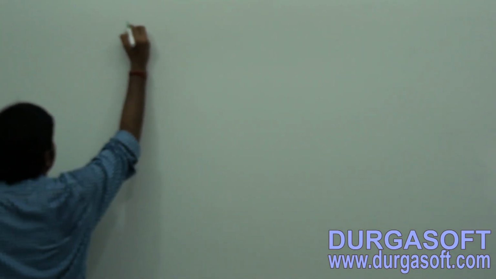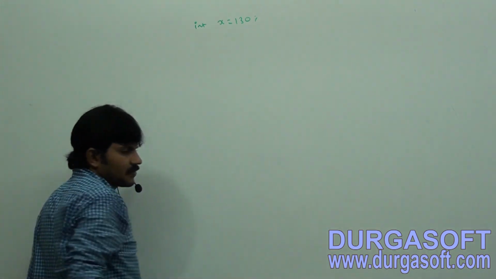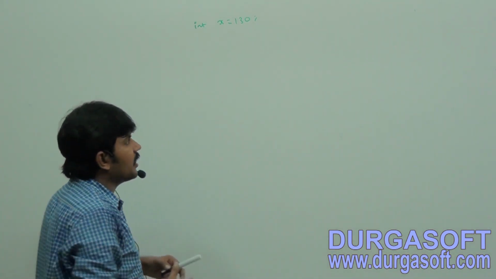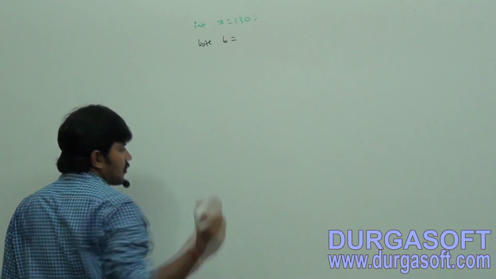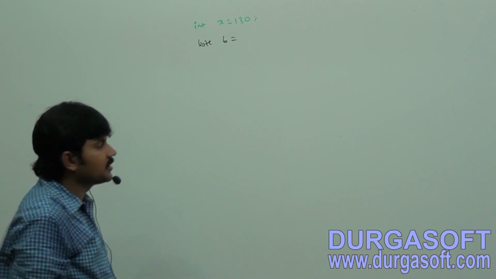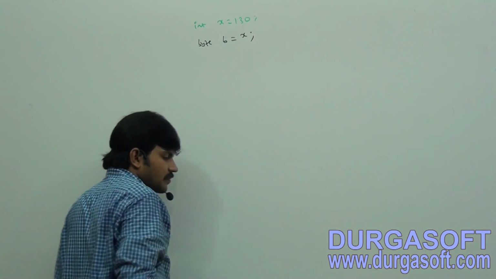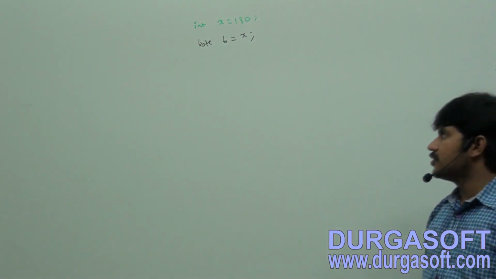Observe this point well. Here I am taking int x is equal to 130. Now I am taking byte b is equal to x. I will ask the compiler, can you please compile this code?